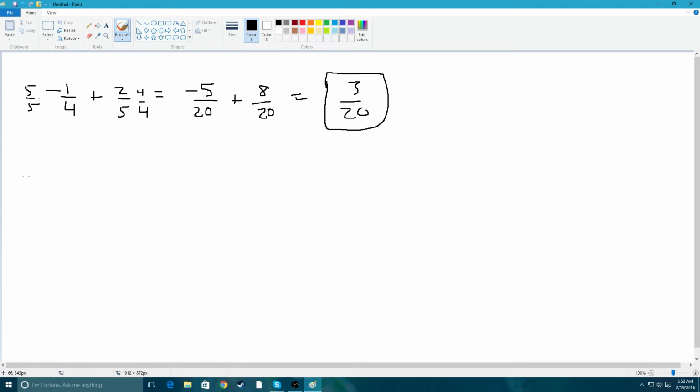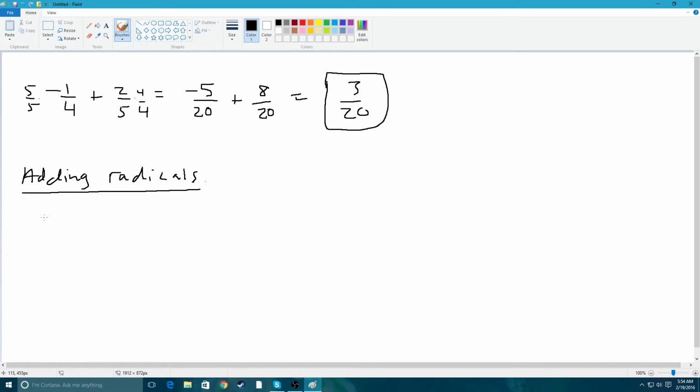Okay. So when it comes to adding radicals, adding radicals is really similar to adding things like x and x squared, like x plus x squared or 2x plus x or something like that.